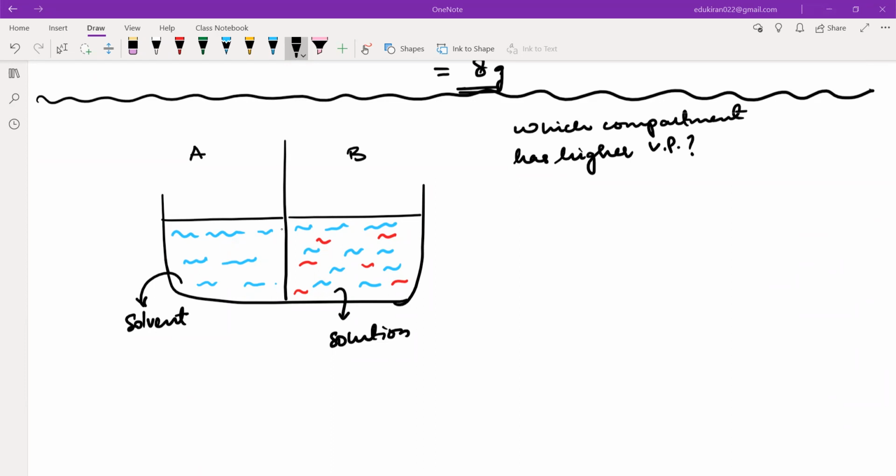Minashi, when did you revise chemistry last time? For my test. When was your test? Last week. Which chapter? Solution. What did you revise? Can you tell me the topic? Henry's law and Raoult's law.